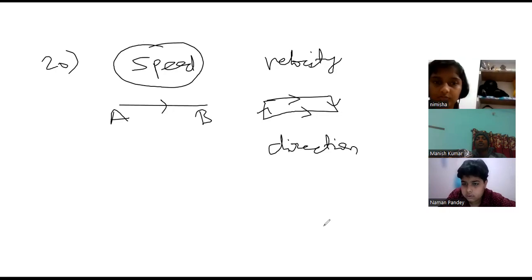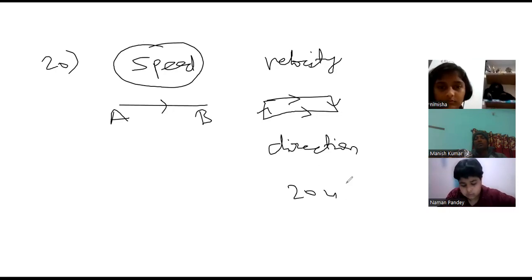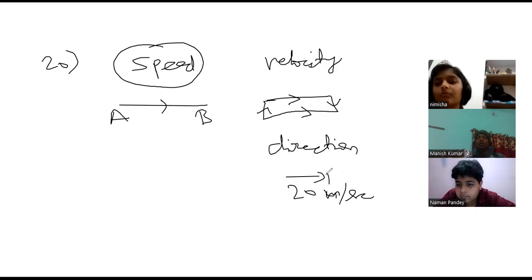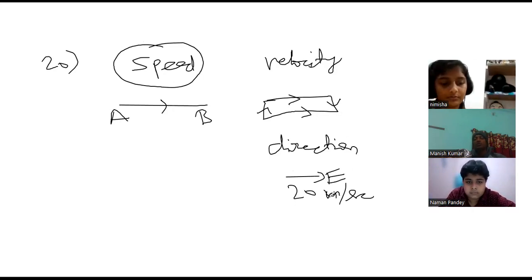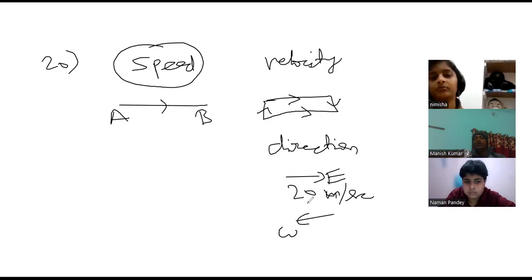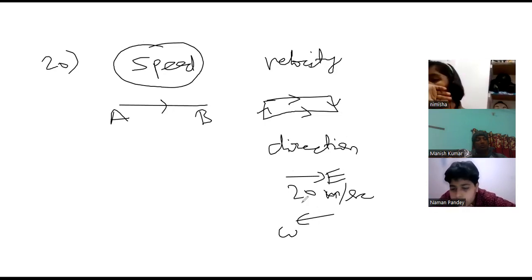Whenever velocity is written, like 20 meters per second, it is always giving one direction: towards north, south, east, whatever it may be. Suppose it is moving with a speed of 20 meters per second to east, and then it changes its position to west. Then the net velocity will be checked. So this is the difference between speed and velocity, but magnitude will be same always.